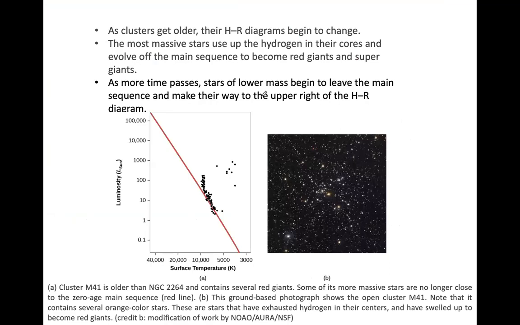Now, what you need to understand here is that when these star clusters get older, their HR diagram begins to change, right? The HR diagram will not be the same as when they are young, because for young star clusters, when the stars are very young, you will see lots of O and B type stars in this region.